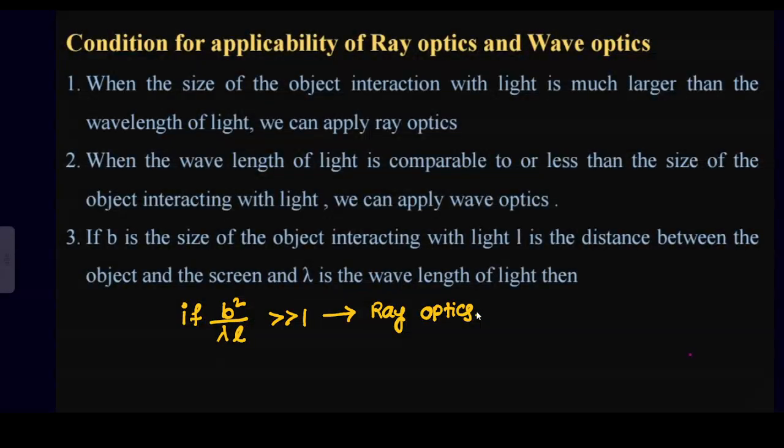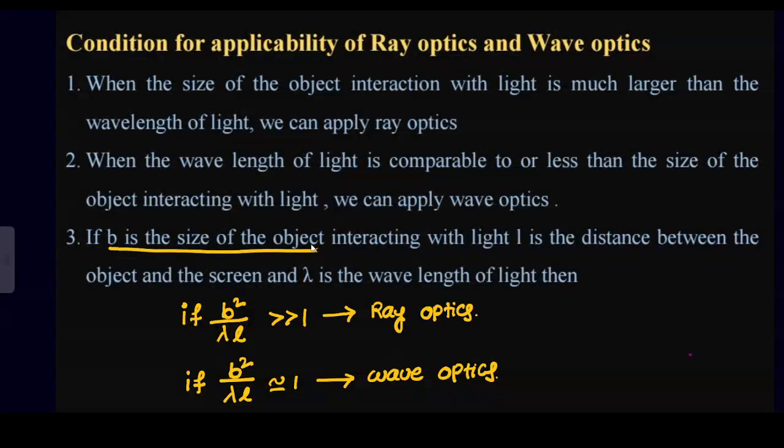If b square by lambda L is comparable to 1, nearly equal to 1, or less than 1, then we go for wave optics. Here b is the size of the object, L is the distance, and lambda is the wavelength of light.